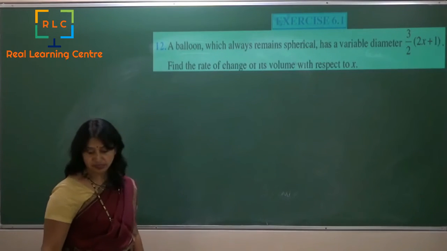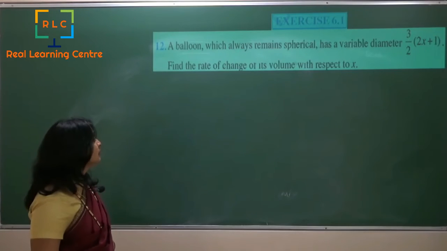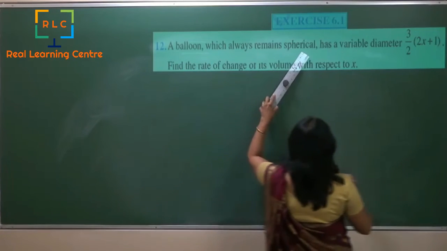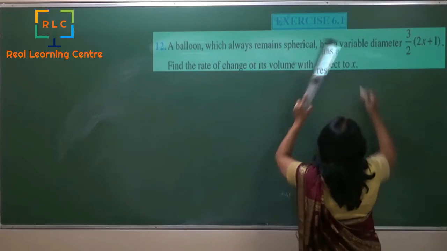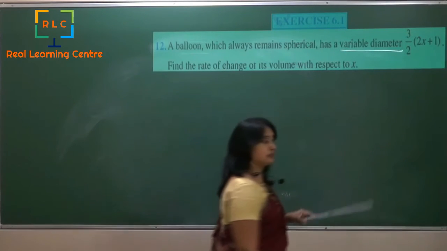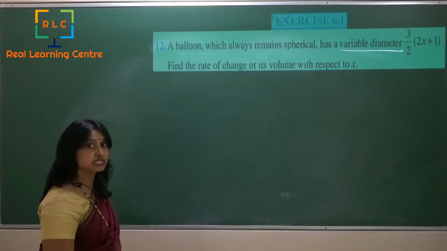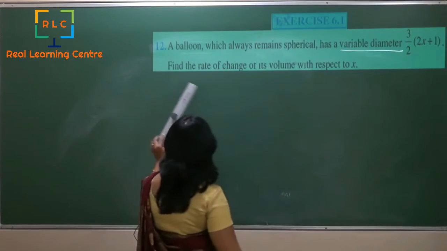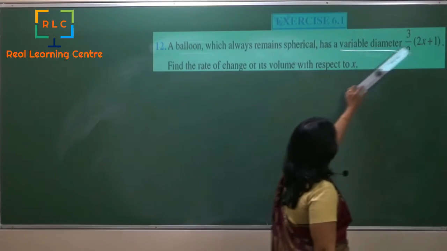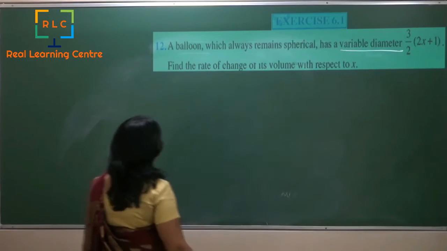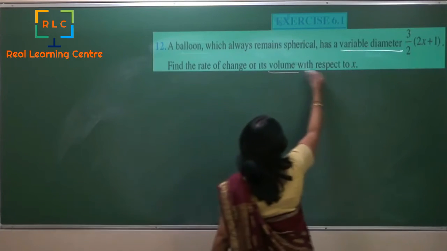A balloon which always remains spherical. Now here we are talking about a sphere that has a variable diameter. The diameter is changing. 3 by 2 into 2x plus 1 is the expression that they have given for the diameter. Find the rate of change of its volume with respect to x.